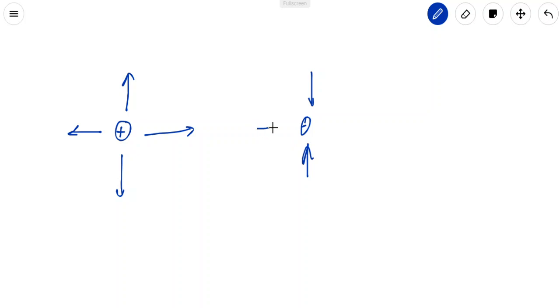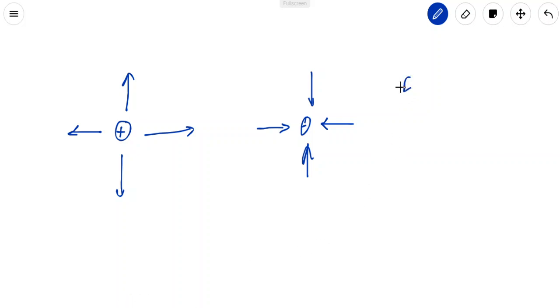Whenever you put a positive charge somewhere in a space, there is an effect around it called electric field, that is outward direction for the positive charge, and for the same negative charge the electric field is in inward or ingoing direction. This is what we have illustrated in the previous part.